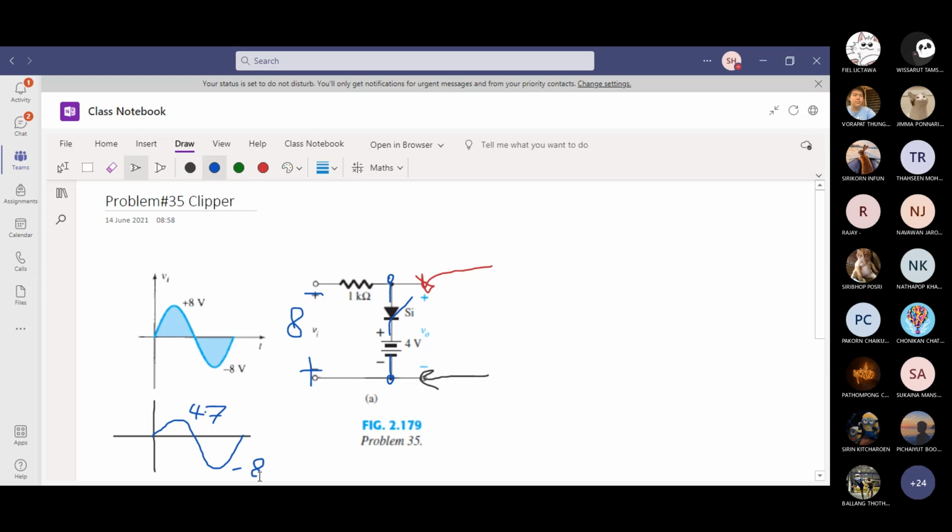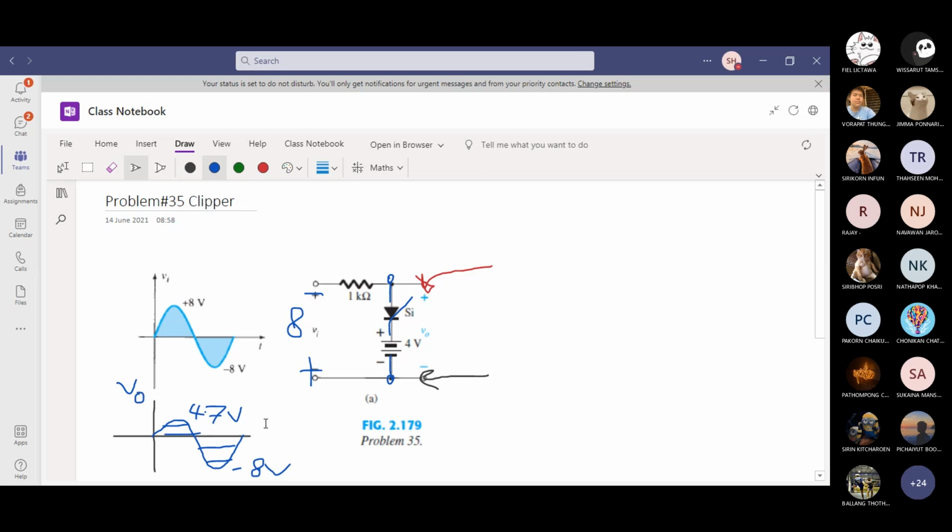If you want to find out at which point is negative 1, 2, 3, 4, we have to individually analyze with so many scenarios. But in general, the peak should look like this. You don't have 0 volts for the negative half cycle. That's the key idea here.